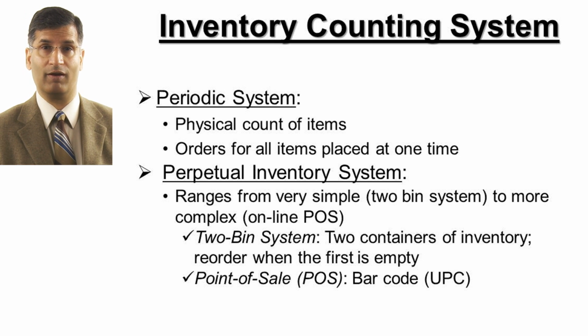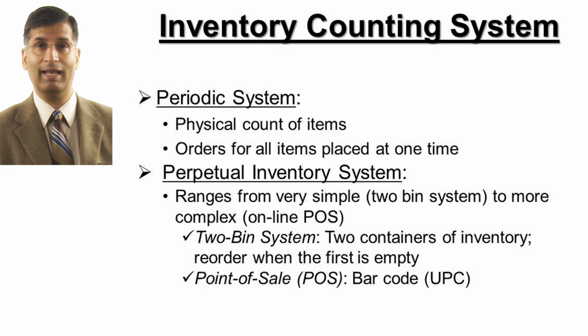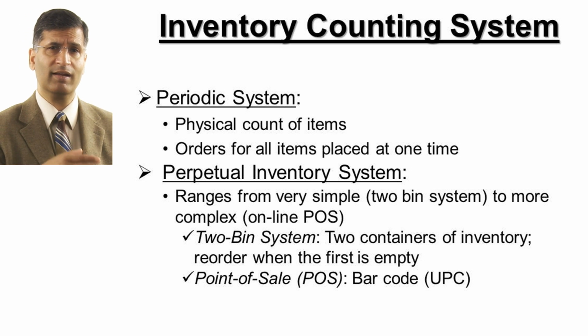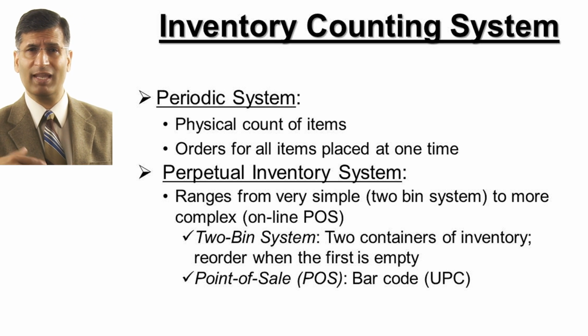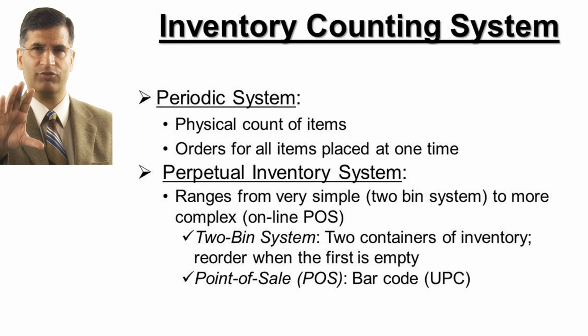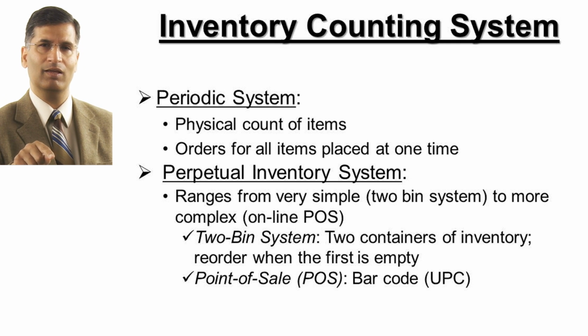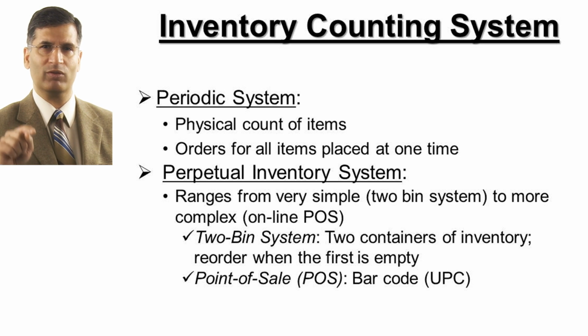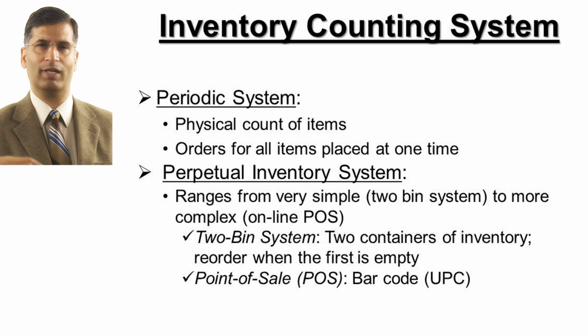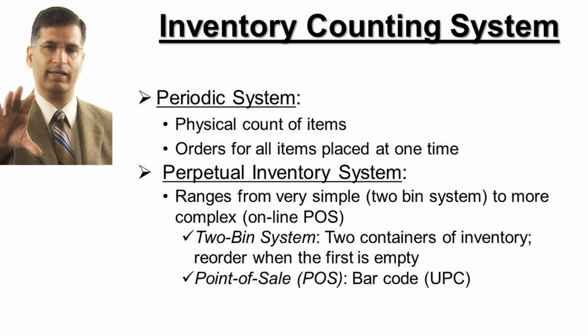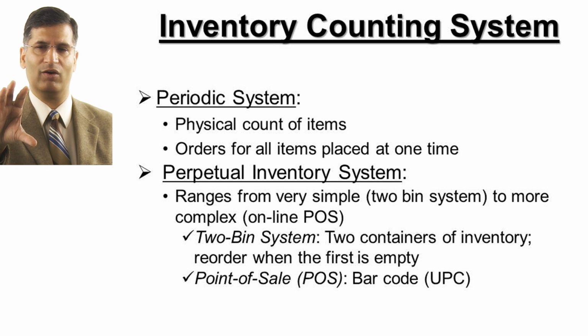There's a complete record of how many items have been sold, and in many cases, they attempt to deliver those items within 2 days to make sure that their shelves are fully loaded. An empty shelf is not acceptable because somebody may have walked in looking for that item and the item was not there, and that's a lost sale. So their goal is to order items so that they arrive and their quantity is always sitting on the shelf.